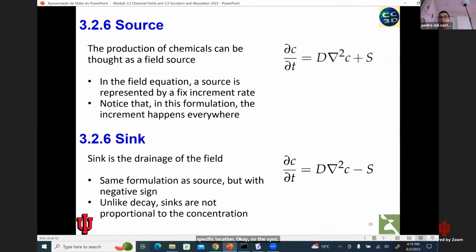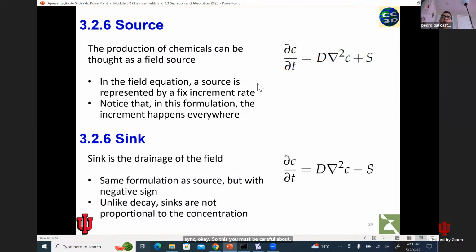So if you have zero field, you keep losing field. So you reach negative values, which sometimes doesn't make sense. If you're talking about oxygen concentration, there's no such thing as a negative oxygen concentration. So this is not the proper way to model many behaviors using the sink. You must be careful about this.